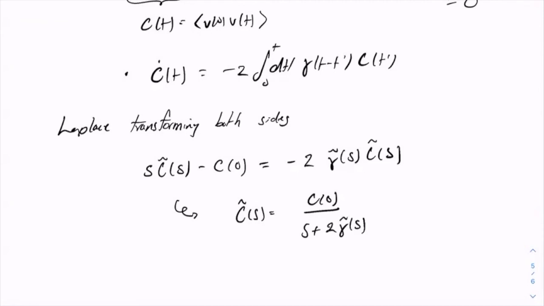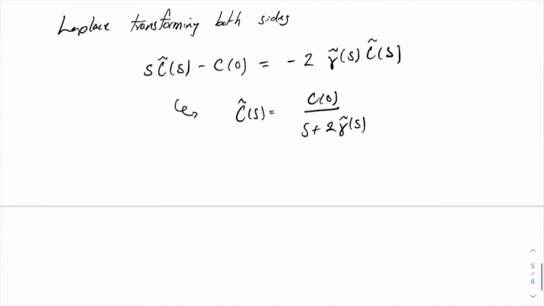And this is true for any friction. So provided a friction, a time-dependent function whose Laplace transform exists, we could plug it in and in principle solve for the velocity autocorrelation function. Specific examples that are tractable would be, for example, the Markovian limit.